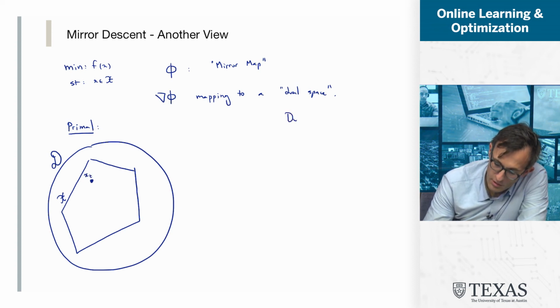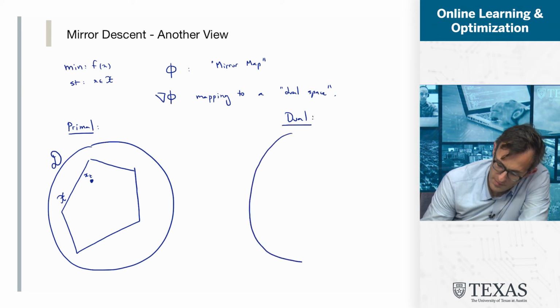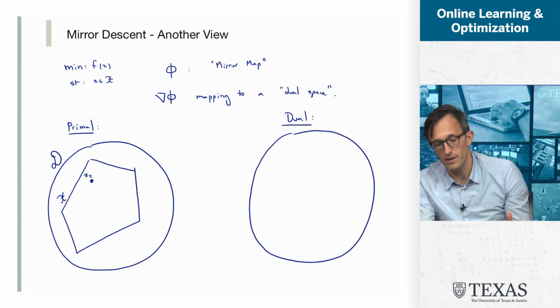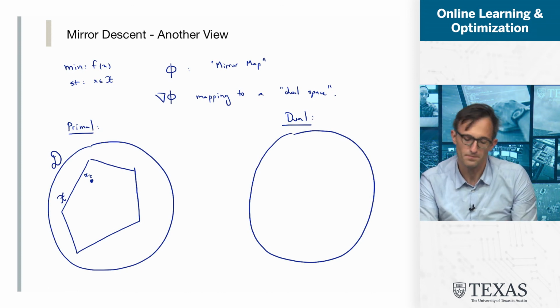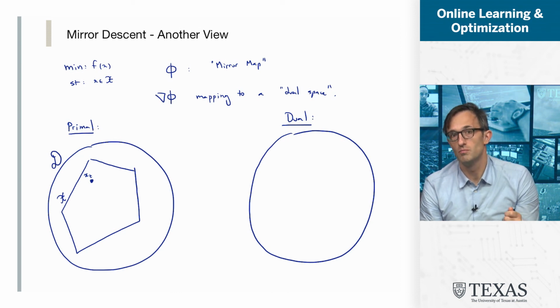Over here is our dual space. You can think of the dual space as being the space of things that you use to take dot products with things in the primal. Remember that in the last lectures, especially the one where we talked about the proof of mirror descent, I mentioned that you're never going to see in the proof of mirror descent a gradient being added to a point.